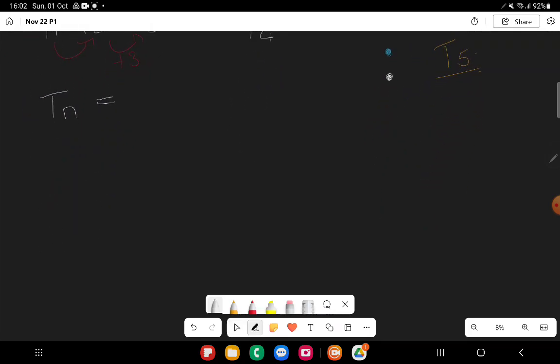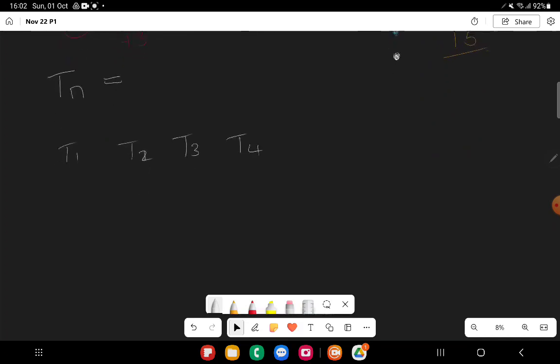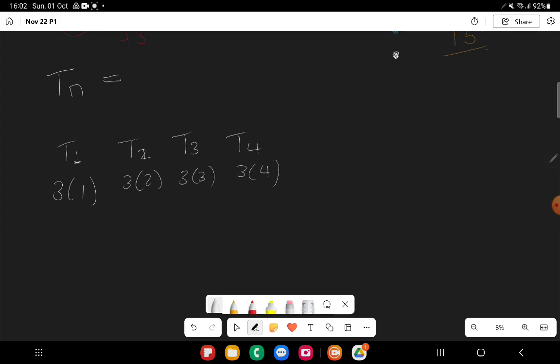I don't know if you guys remember this from grade 1, but if you have term 1, term 2, term 3, term 4, and then our next one is going to be, what is the constant difference? We know the difference here is 3, right? So it's going to be 3 times the 1 from here, 3 times 2, 3 times 3, and 3 times 4. This gives us a result of 3, 6, 9, and 12.